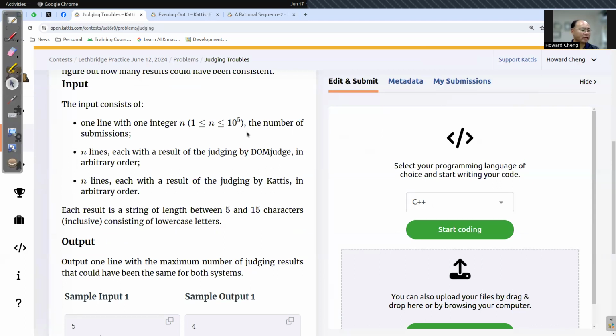If you don't use anything that's n log n or better, if you use any algorithm or data structure that's n squared time to process n queries, then it's going to be too slow. 100,000 squared is way too much.